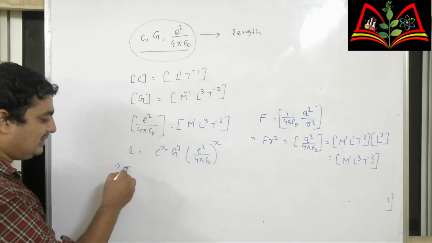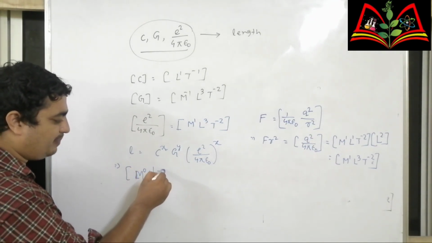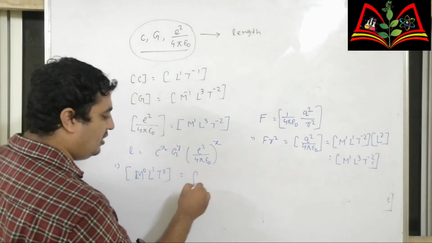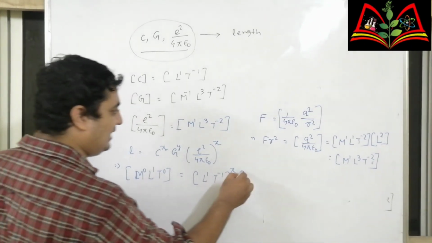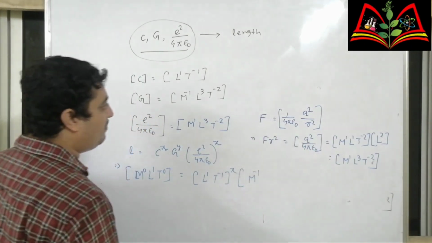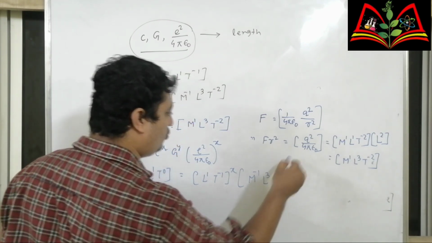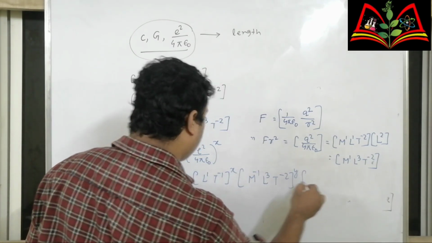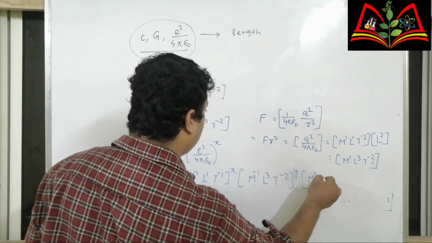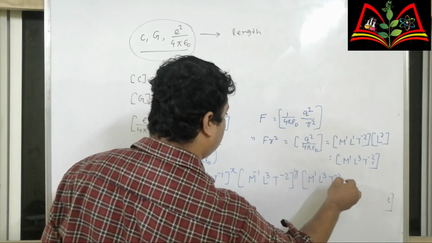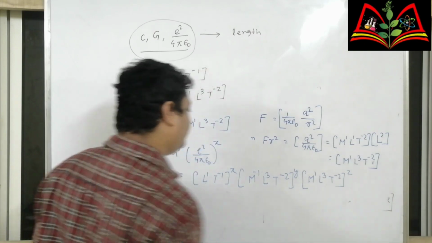Now length equal to L to the power 1, that means M to the power 0, L to the power 1, T to the power 0, equal to L to the power 1 T to the power minus 1 to the power x, M to the power minus 1 L to the power 3 T to the power minus 2 to the power y, and E square by 4 pi epsilon naught, it is M to the power 1, L to the power 3, T to the power minus 2 to the power z.